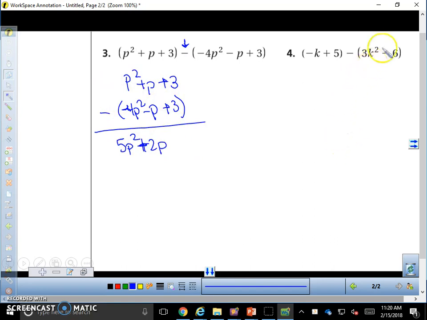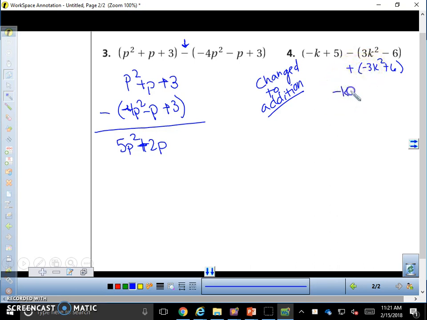All right. If this was really confusing with the subtraction sign, flip the signs of everything and you can do the addition. So let's do example 4 using the flip sign and we go back to addition. So we changed to addition. I still like this vertical method because you guys are less likely to make a mistake.